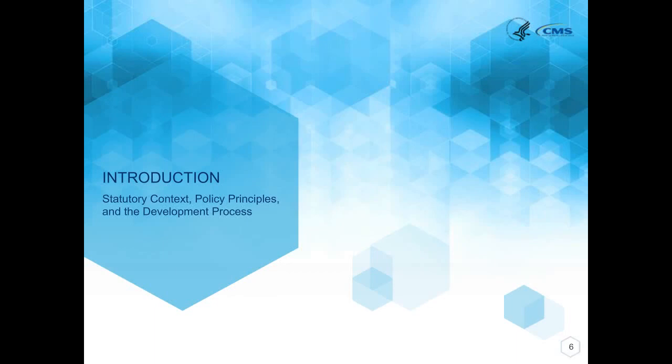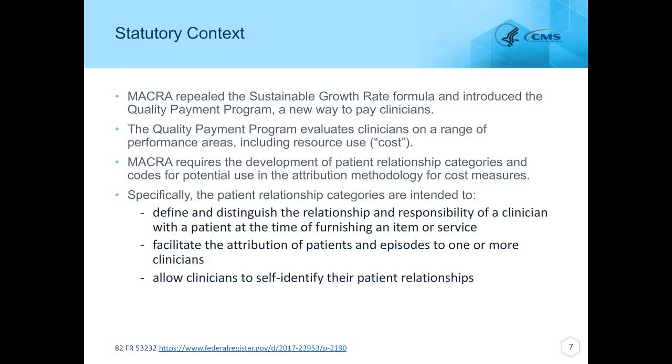Now I will go over the statutory context of the patient relationship categories and the policy principles used in the development, as well as our development process. As context, the development of the patient relationship categories sits in the larger context of the Quality Payment Program. The Quality Payment Program evaluates clinicians on a range of performance areas, which includes resource use.